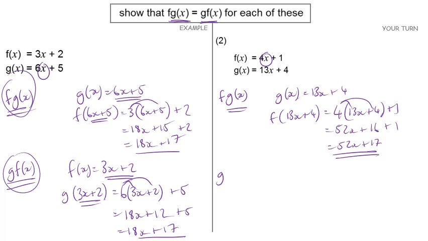Now going the other way around with this, g of f of x. So starting with our function f, and we're going to use this as our input for g of x. So where we've got x here, we're just going to replace that with this input.